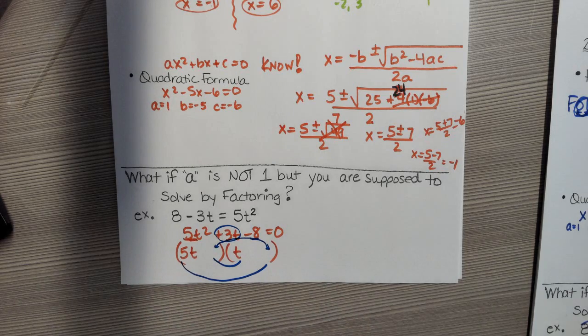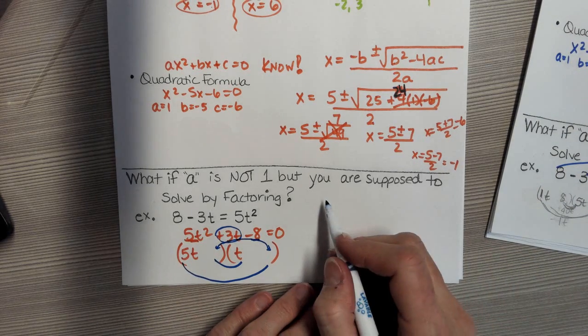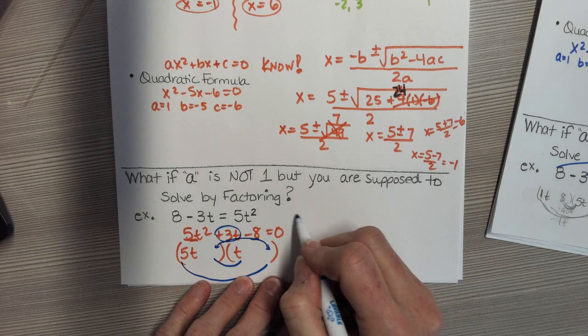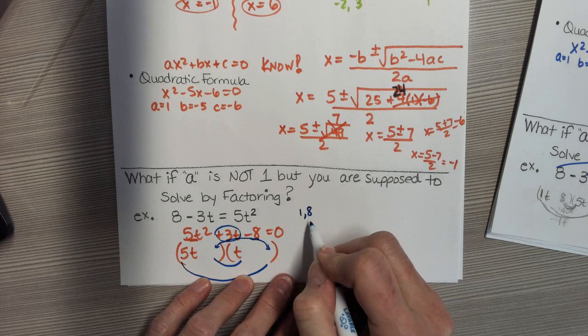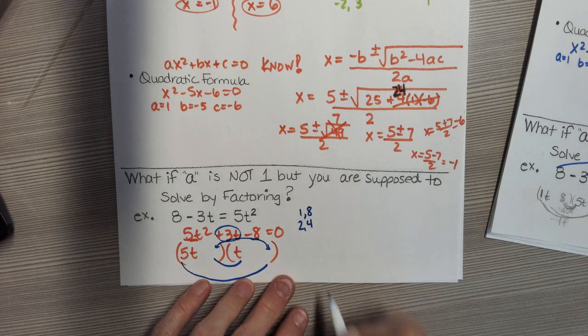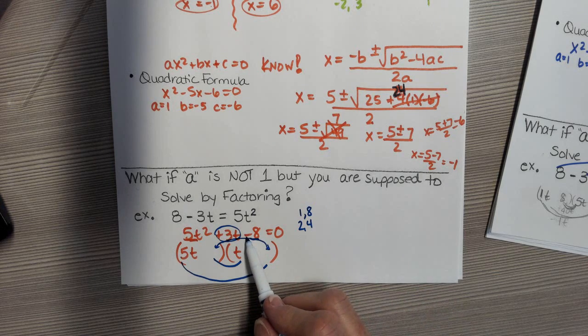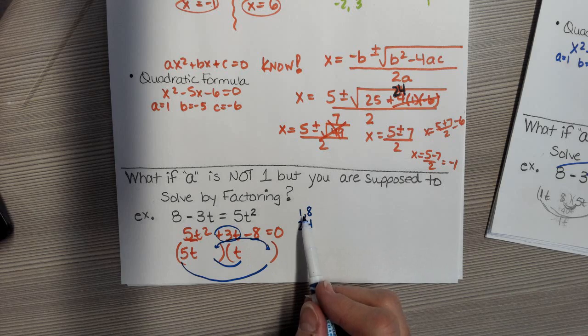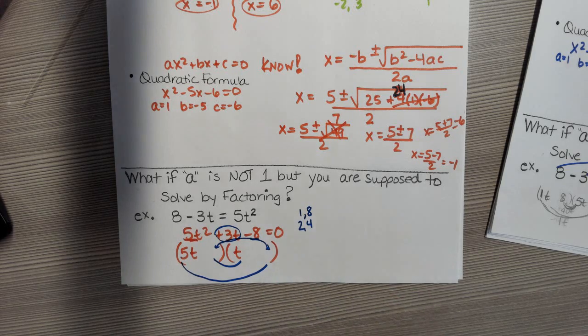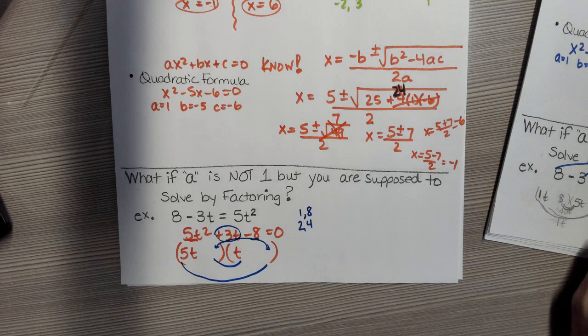So we're going to have to play around with our combinations again. If you look at your factors of 8, you have 1 and 8 or 2 and 4. Because this is negative, one will be positive, one will be negative. Okay, and I don't really worry about that too much yet. I'll wait and deal with that once I get my numbers in there.